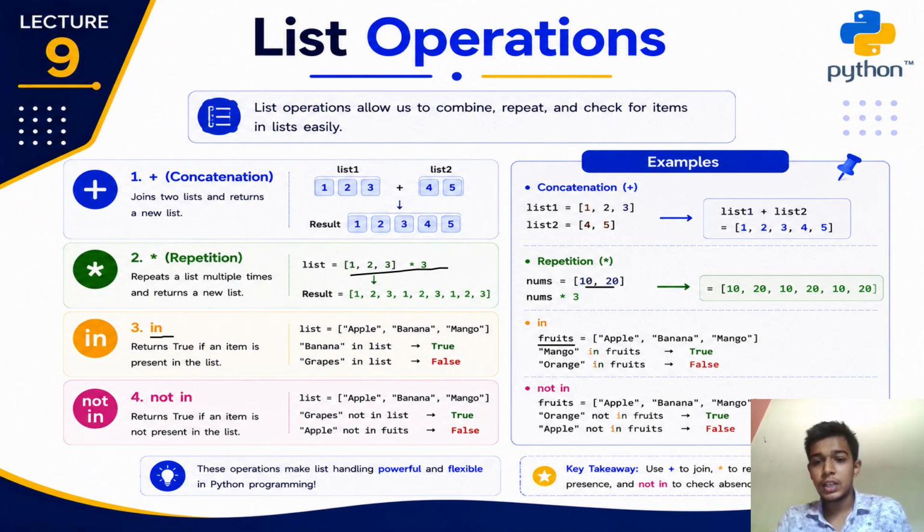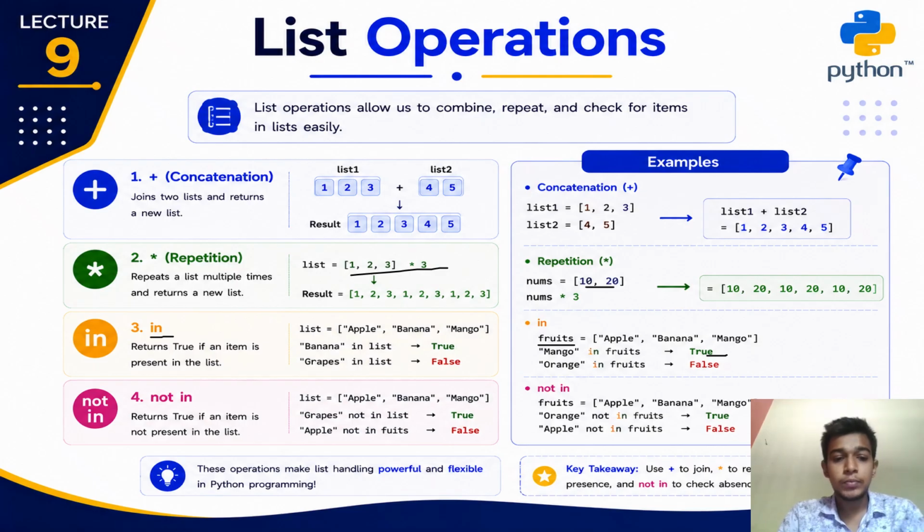So yes, mango is in the list fruits, so it will give you True. Orange in fruits: Python will check if orange is available in the list of fruits. Orange is not available, so it will give you False. So whenever we want to check whether an element exists, we use the in or membership operator.